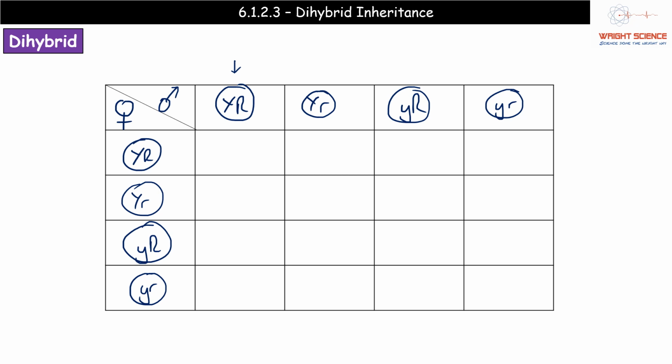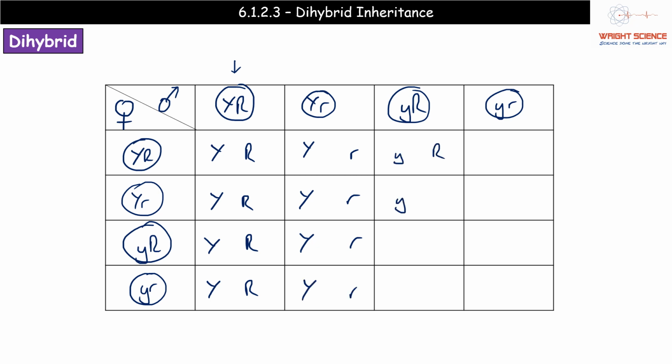So we've got a capital and a capital, so we can literally just go down and fill all of those in first of all. We can do that for all of the different columns there. So we've got a capital and a lowercase, capital, lowercase, and so on, and then finally both lowercases.